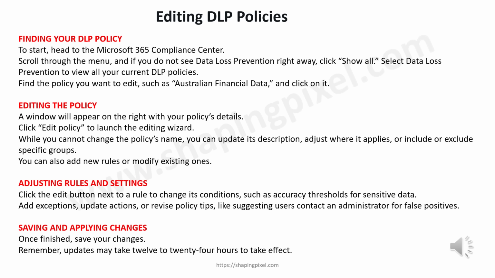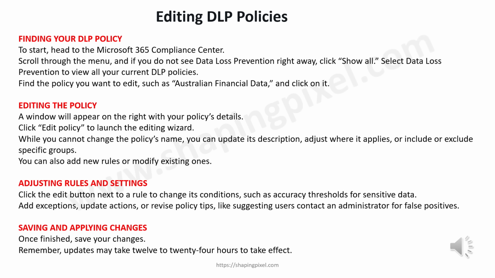Find the policy you want to edit, such as Australian financial data, and click on it. A window will appear on the right with your policy's details. Click Edit Policy to launch the editing wizard. While you cannot change the policy's name, you can update its description, adjust where it applies, or include or exclude specific groups. You can also add new rules or modify existing ones.